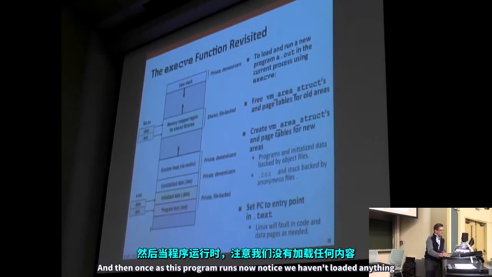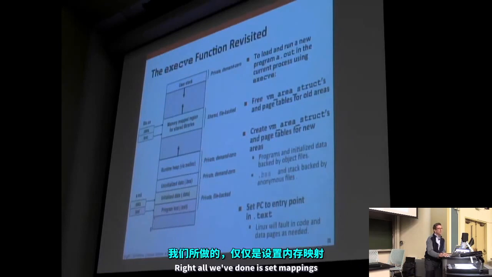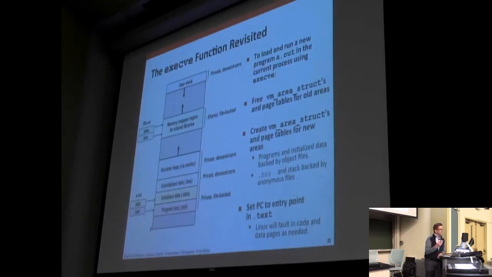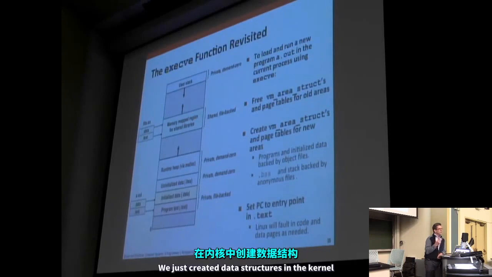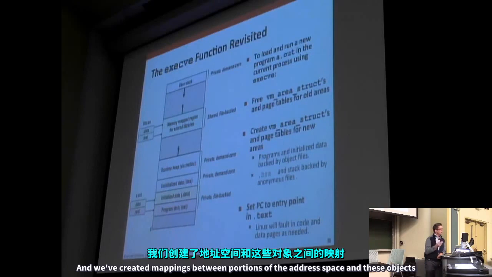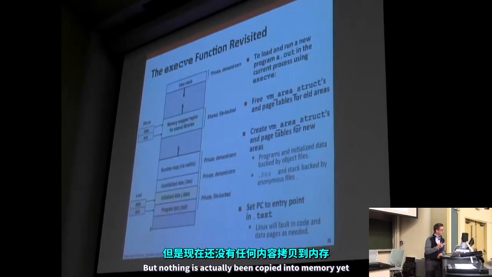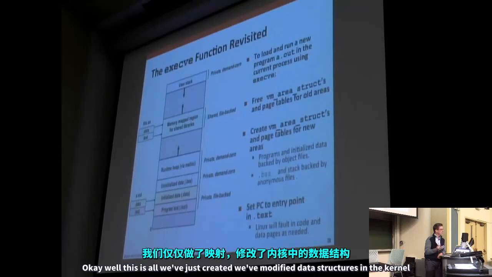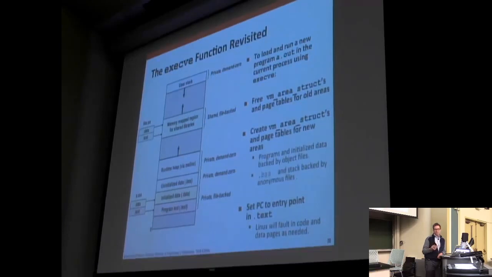Now notice we haven't loaded anything. All we've done is set mappings. We've just created data structures in the kernel, and we've created mappings between portions of the address space and these objects. But nothing's actually been copied into memory yet. We've only modified data structures in the kernel.